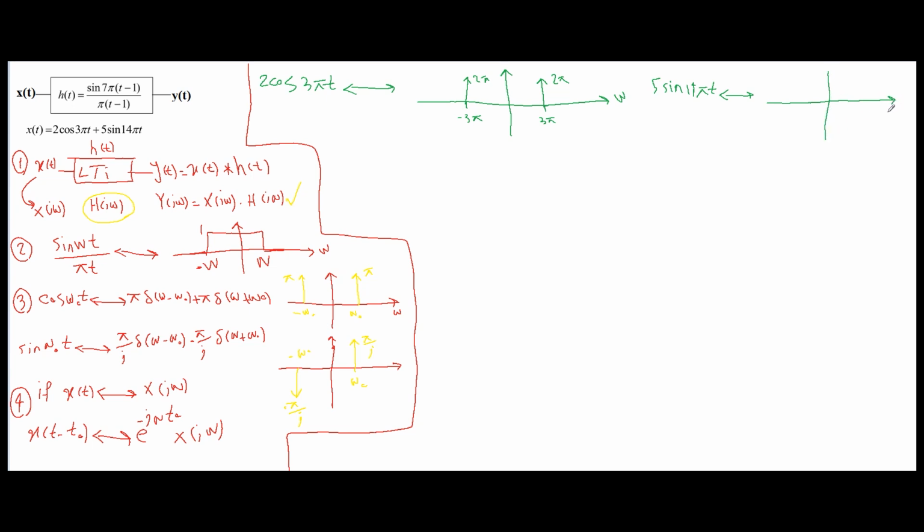Its Fourier transform also consists of two impulses, one at 14 pi with amplitude 5 pi divided by j, and one at minus 14 pi with amplitude minus 5 pi divided by j.